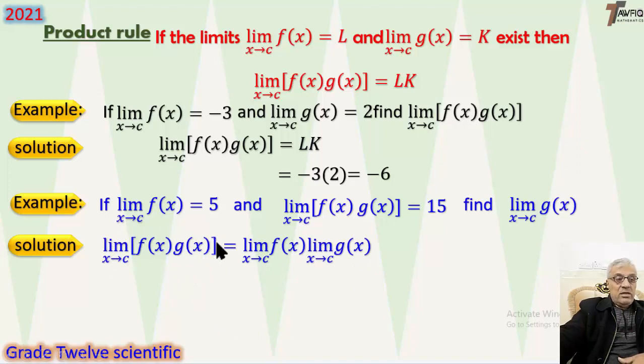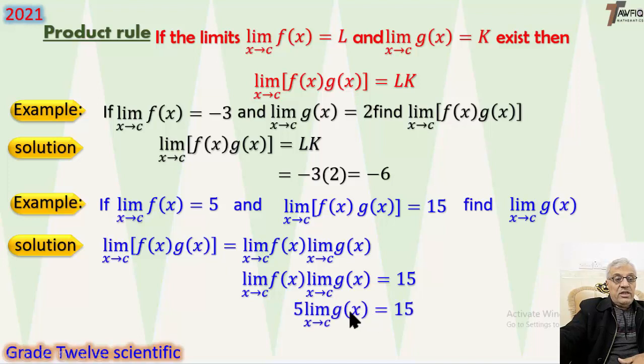We replace the left side with 15 and the limit of f(x) with 5. Then 5 times the limit as x approaches c of g(x) is equal to 15. Dividing by 5, the limit as x approaches c of g(x) is 3.